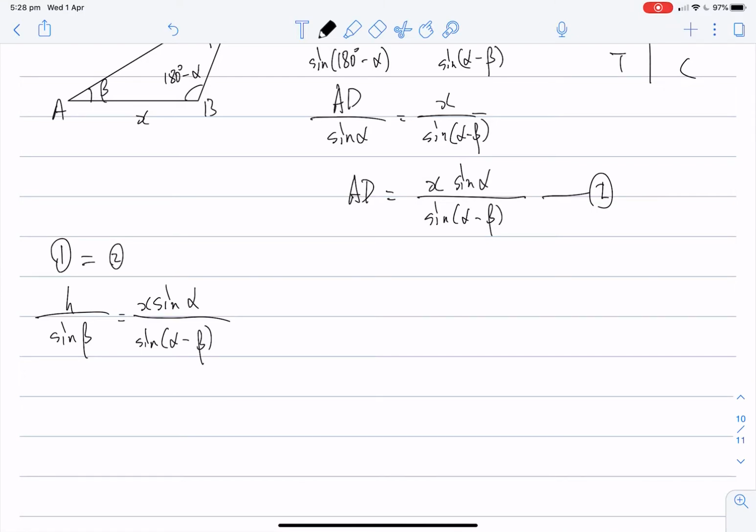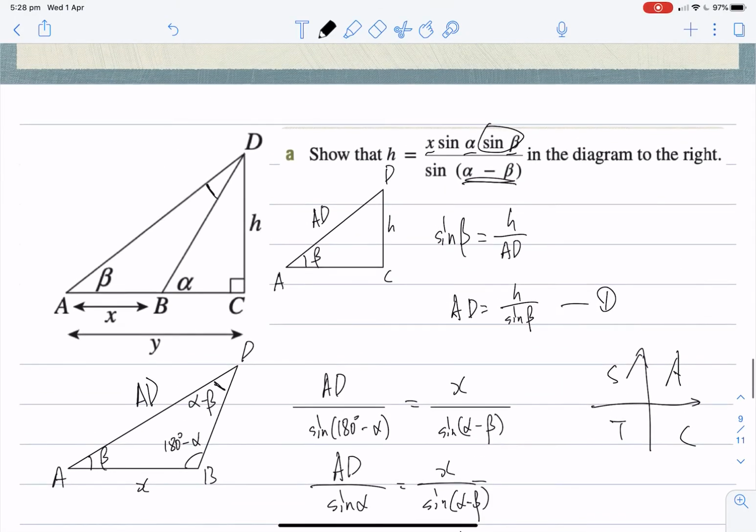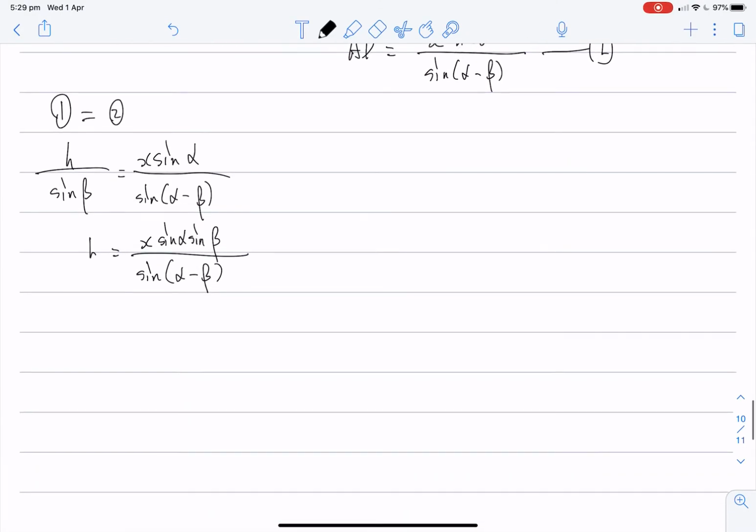Okay, we've got that one. Let's make h the subject, because in the equation h is the subject, so we multiply by sine beta on both sides, so h equals x sine alpha sine beta over sine of alpha minus beta. Cool, we just proved that. Amazing, so this is done.